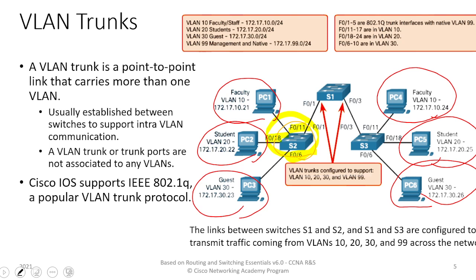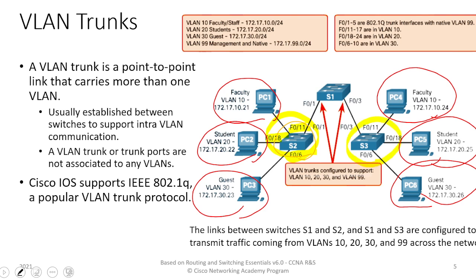So each of those ports are essentially carrying traffic belonging to a single VLAN. So port 11 will carry traffic belonging to VLAN 10, port 18 will be VLAN 20, port 6 will be VLAN 30. So the same thing also applies to the other switch as well. Switch 3 also has the same scenario.